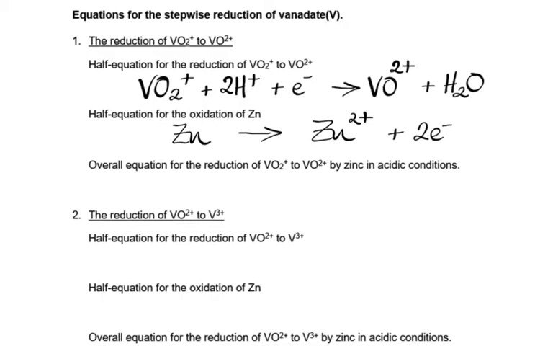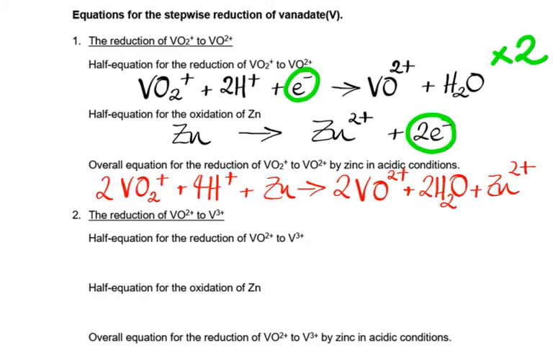To put these two half equations together, I just need to consider the electrons. So I have 1 electron in the first one and 2 electrons in the second equation, which means I need to multiply my vanadium equation through by 2 for my electrons to disappear.